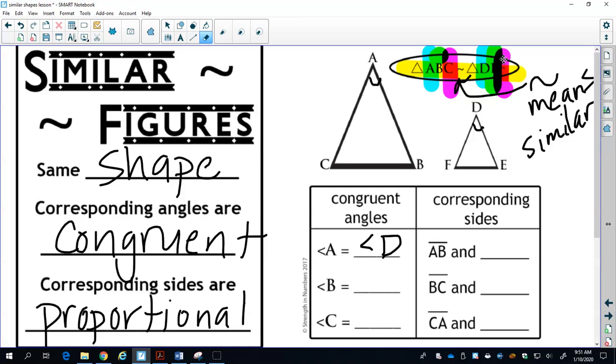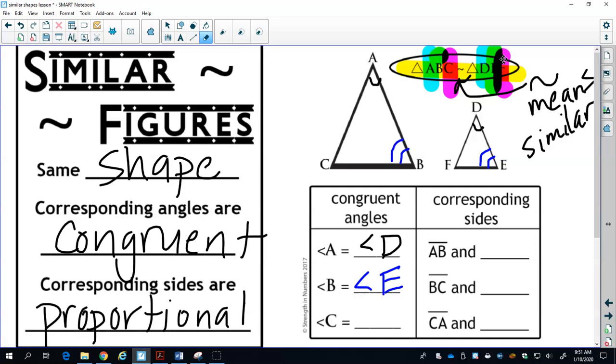So now for angle B, we don't want to put just one line because it's different. So for angle B we're going to make two curved lines. And since angle B corresponds to angle E, we're also going to put two curved lines at angle E. So if we put one curved line at A and D and two curved lines at B and E to show that they're congruent and corresponding, how many lines do you think we would use for C and F? 3.